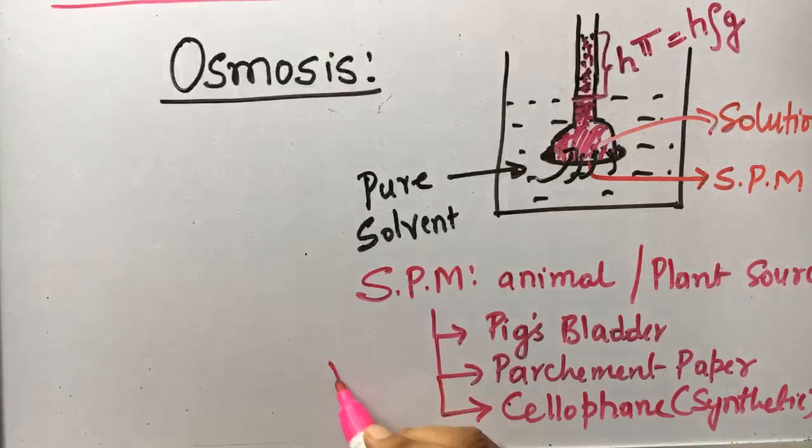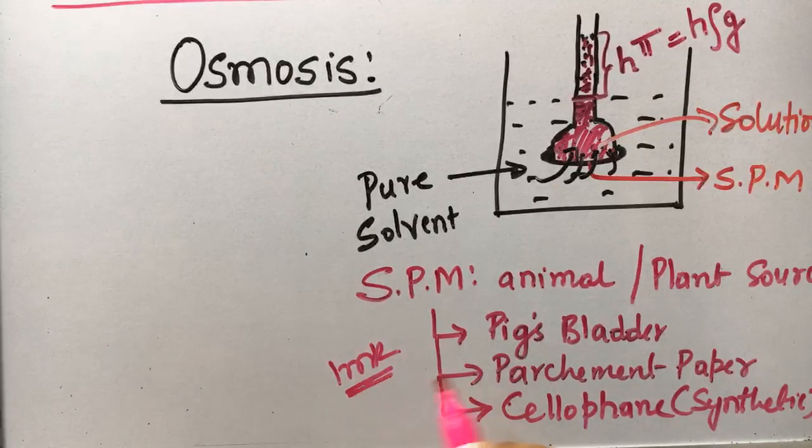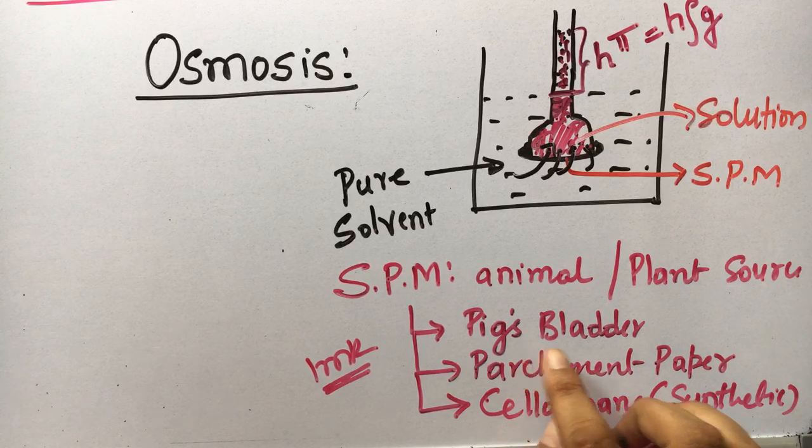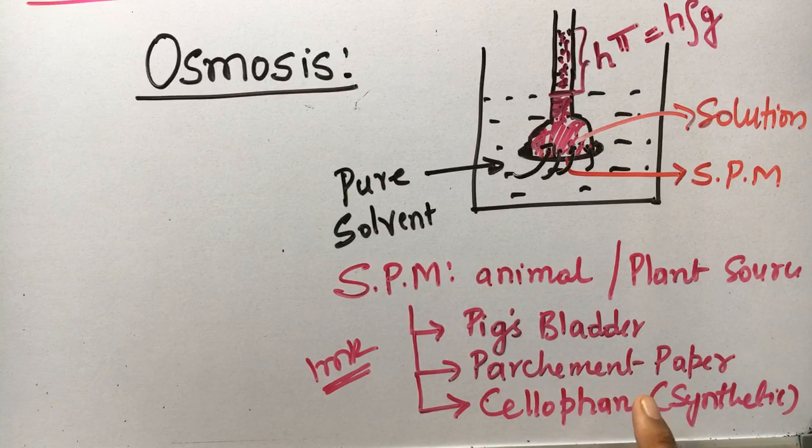This can also be asked for 1 mark. An example for semi-permeable membrane can also be asked for 1 mark in your annual examination. So if asked to give an example for a naturally occurring semi-permeable membrane, you can give the example of pig's bladder or parchment paper, or they may also ask you for an example of a synthetic semi-permeable membrane. You can give the example of cellophane.